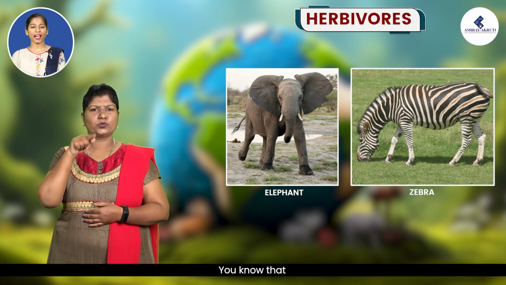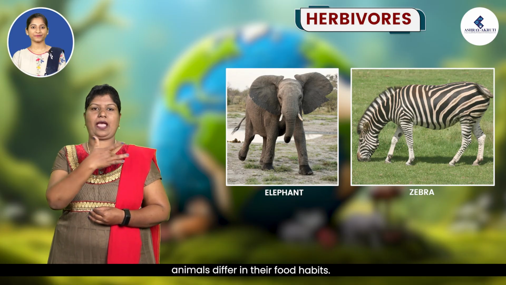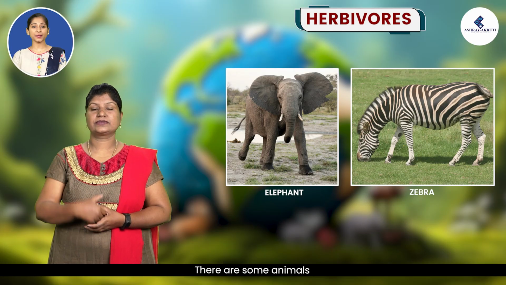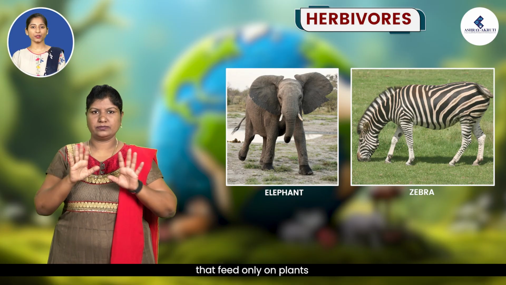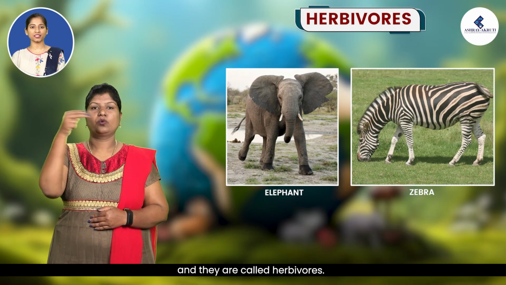You know that animals differ in their food habits. There are some animals that feed only on plants and they are called herbivores.